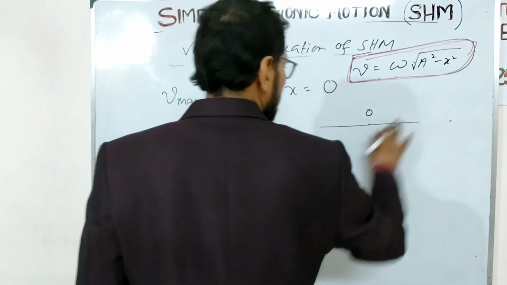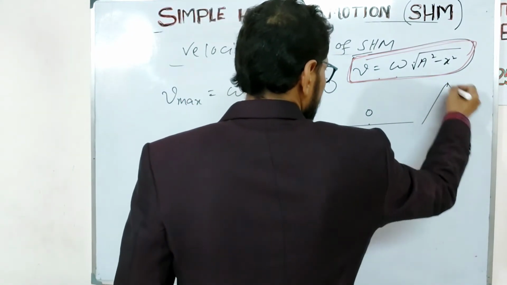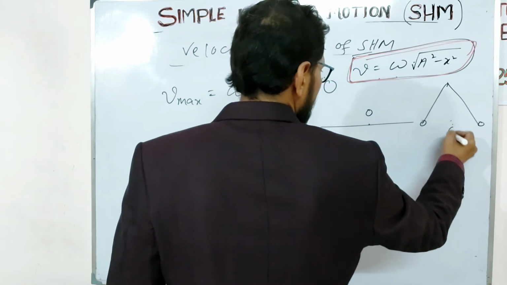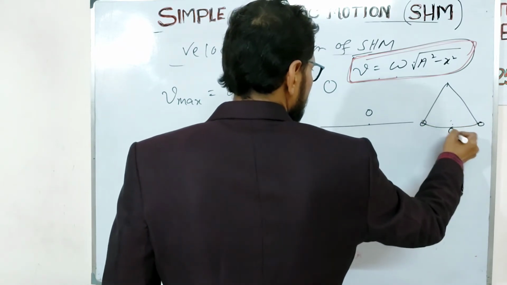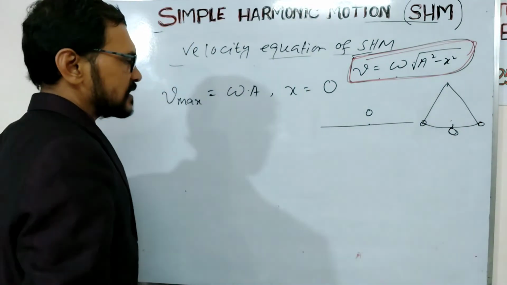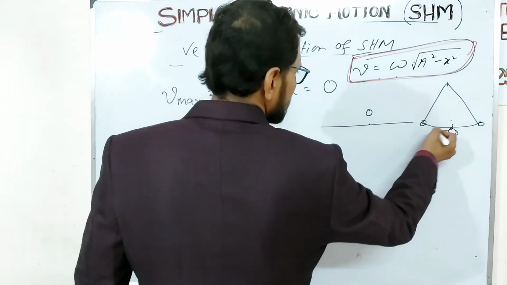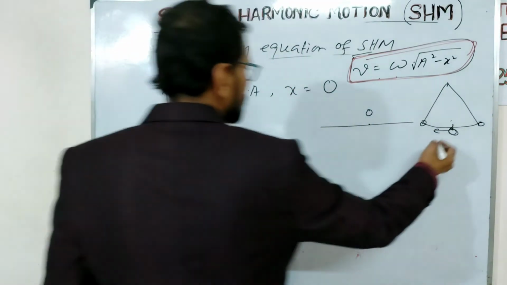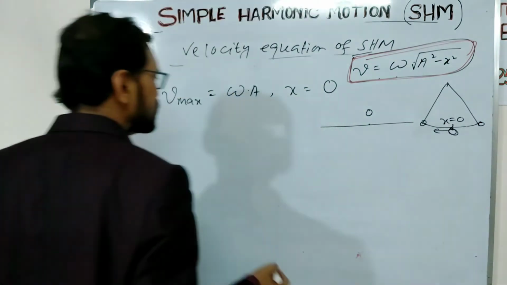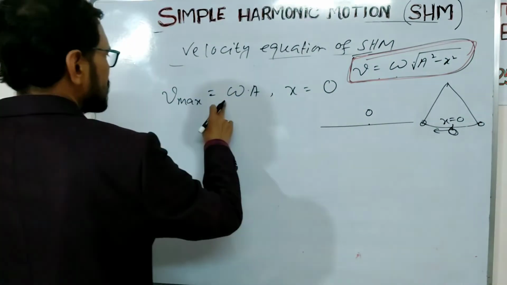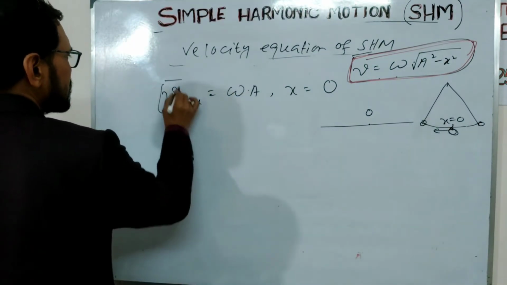Take the case of a pendulum: when the pendulum is at mean position, its velocity is maximum. So x equals 0 represents the mean position, and the maximum velocity is omega a.